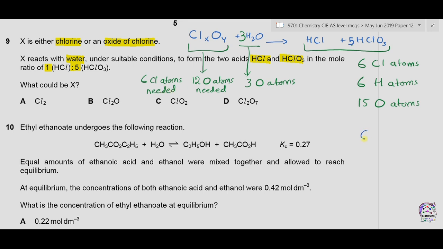Let's find out the ratio of chlorine atom and oxygen atom in ClXOY. We have 6 chlorine atoms needed and 12 oxygen atoms needed. So the simple ratio could be 1:2. So we can have 6 moles of ClO2, which will balance this chemical equation. So therefore correct option is C, as we have 1:2.